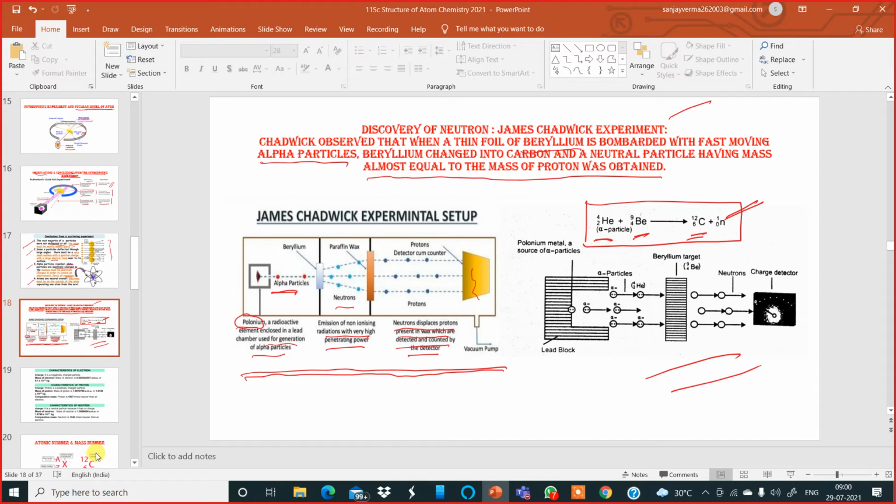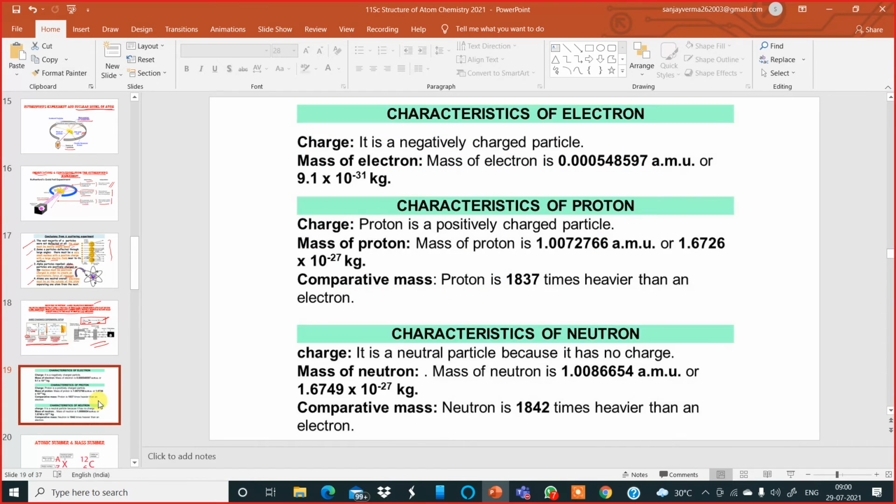You can have a lot of text and literature from the book regarding the discovery of neutrons by the experiment performed by James Chadwick, but I've summarized this nicely so that whatever is important, only that much you have to remember. Now, moving to some characteristics of the subatomic or fundamental particles in an atom.